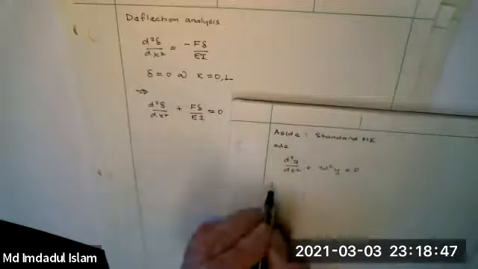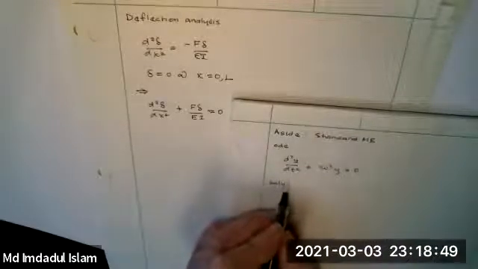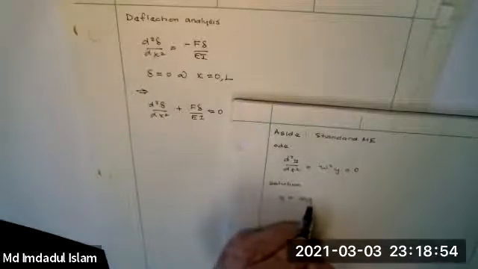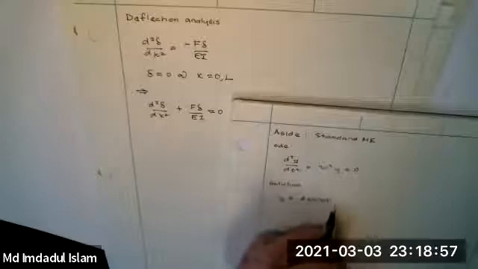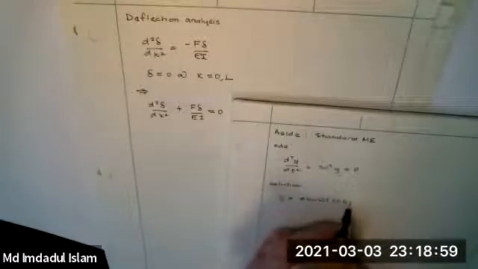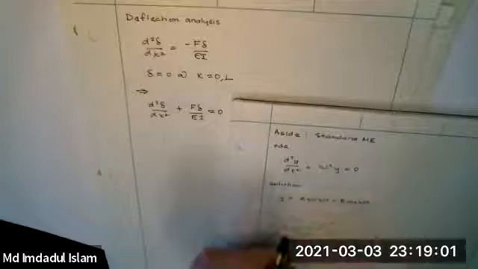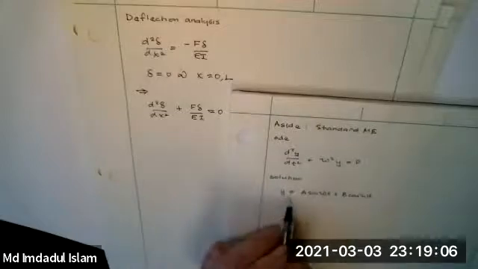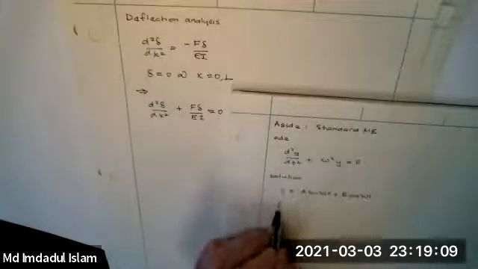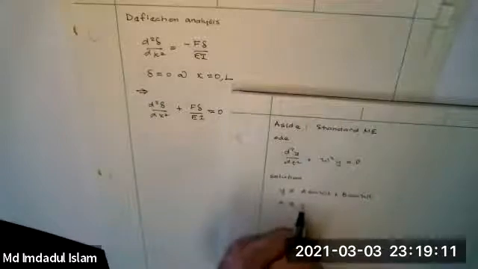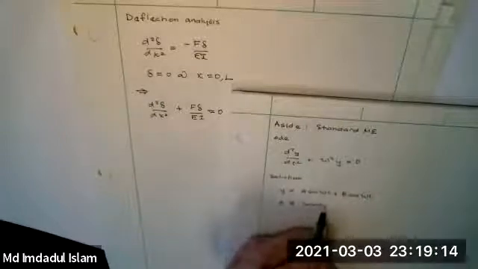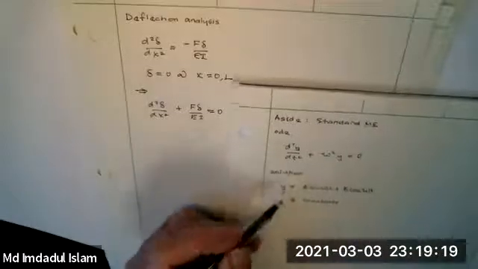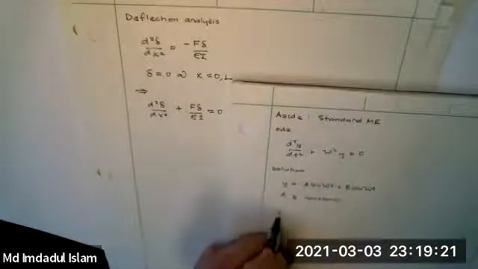And the solution, you probably saw something like this in your calculus class. You may not remember it, but here A and B are constants. And this satisfies that equation. You can prove that very quickly by differentiating and sticking it back in.